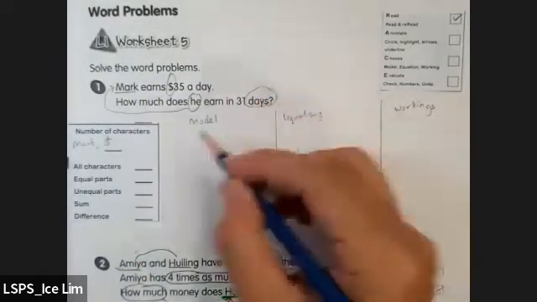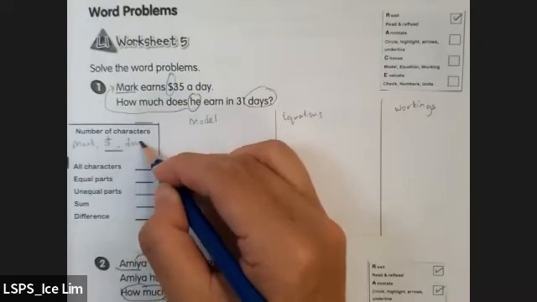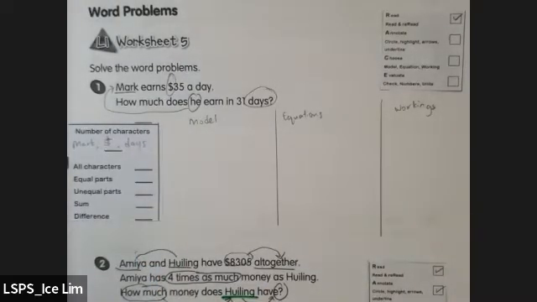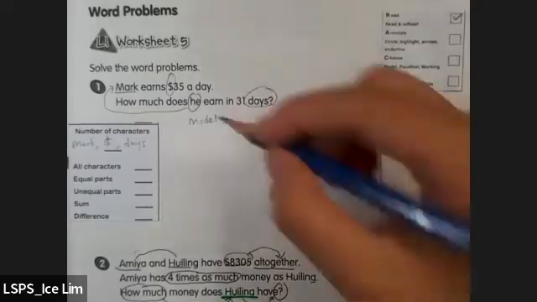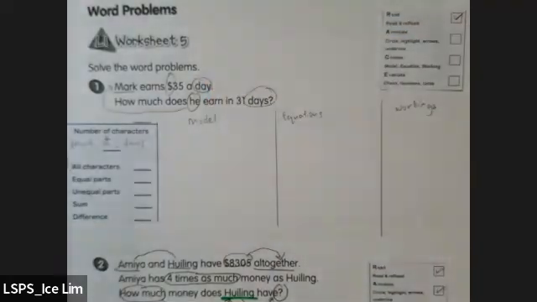And there's something about days. So there are 3 different things here: Mark as a person, dollars as money, and days as a unit. Clearly, there must be some relationship between them.